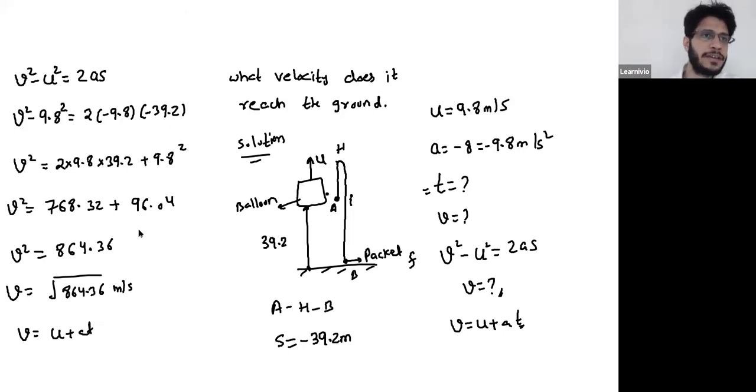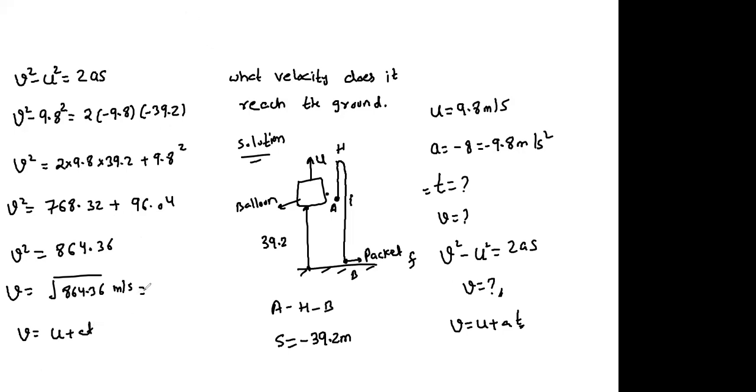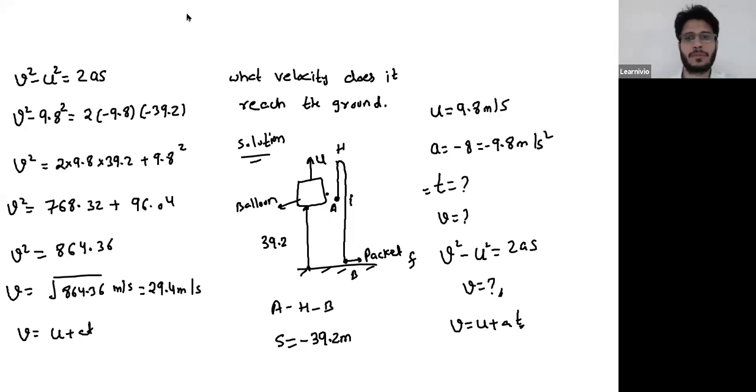And if I take the root of 864.36, it comes out to be roughly 29.4 meter per second. Then just substitute these values here and get the value of t.